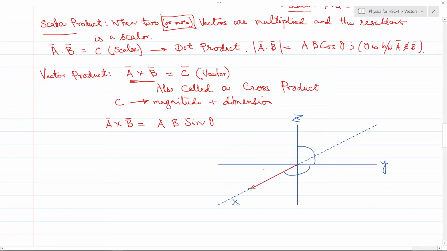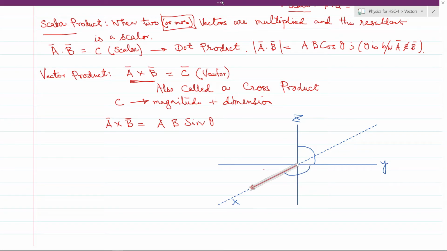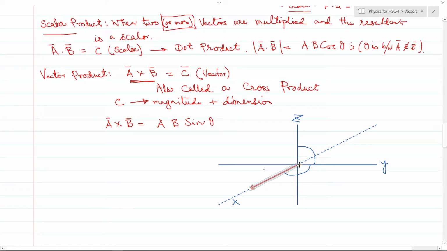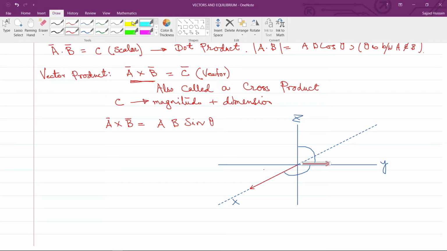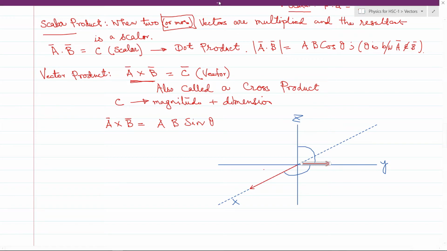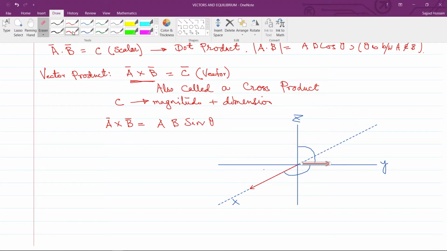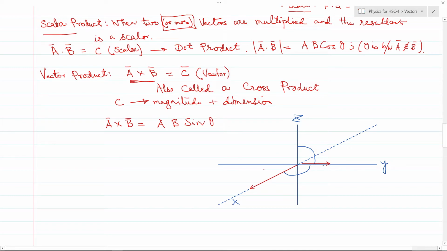A vector A is acting in x direction, and this is vector B. A is acting along x-axis, B is acting along y-axis.